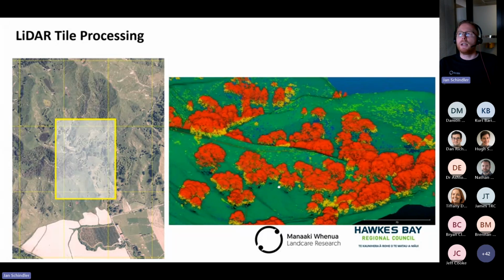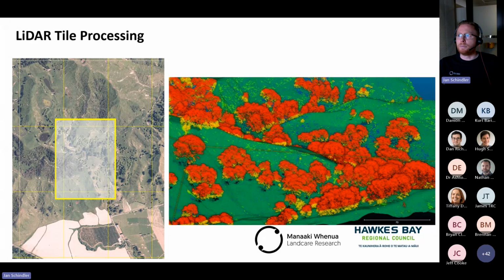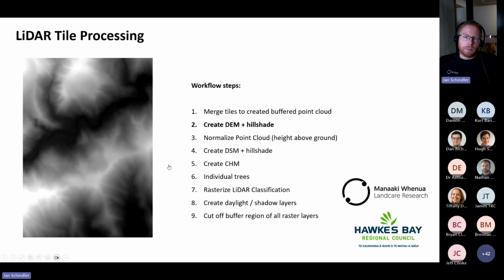So the aerial survey was conducted at a minimum unit of 4 points per square meter over rural areas, and 8 points per square meter over urban areas. And the next step is then to derive elevation models.